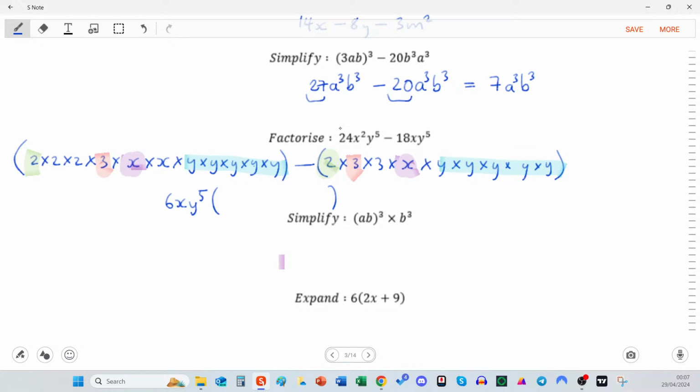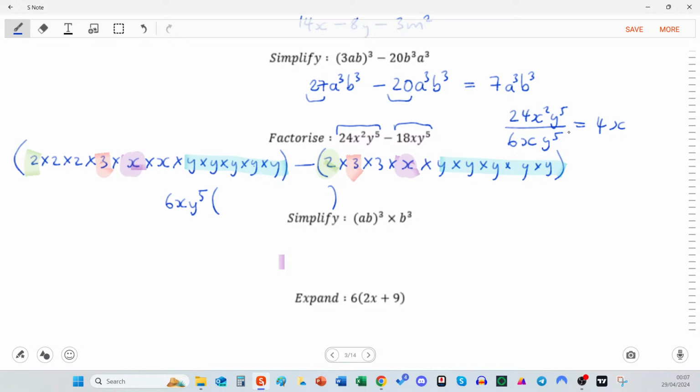Well, it's going to be if we divided each of these terms by what we took out. So the first one is 24x squared y to the 5 divided by what we took out, which was 6xy to the 5. 24 divided by 6 is 4. And x squared divided by x is x.